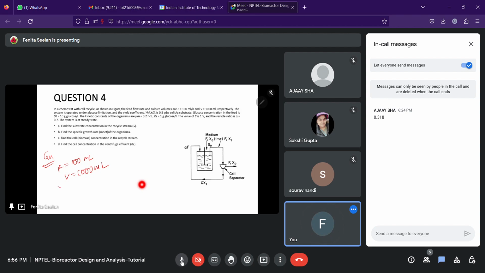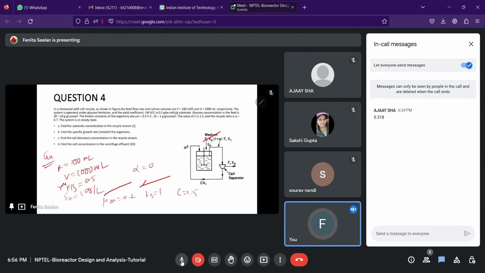Your Y of X per S is 0.5 gram dry weight per gram of your substrate, and S naught is 10 gram per liter. Mu is 0.2, K is 1, C value is 1.5, and alpha is also given, which is 0.7. It is also given your system is at steady state, and also you know that it is a chemostat. This schematic is for your reference.